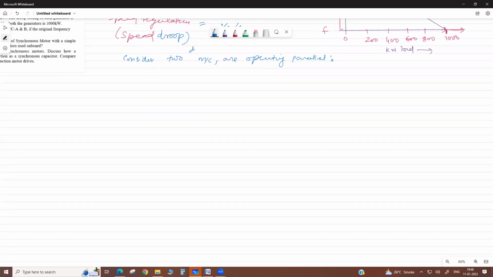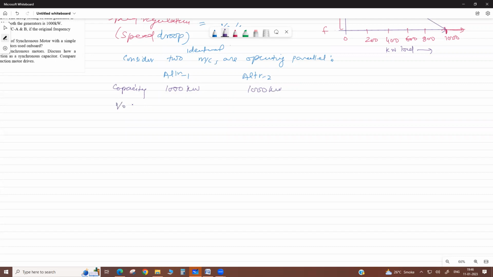Two identical machines have the same droop setting. Like alternator 1 and alternator 2, their kilowatt or kVA rating and capacity are the same. This one is 1000 kilowatt, and this is also 1000 kilowatt.